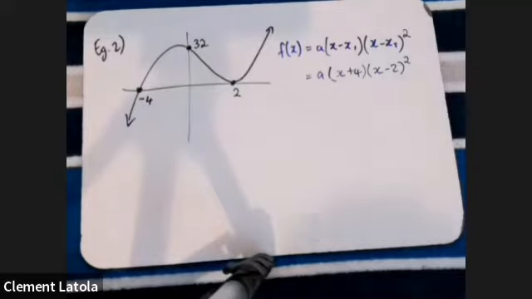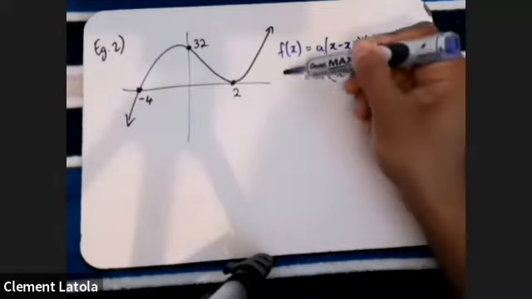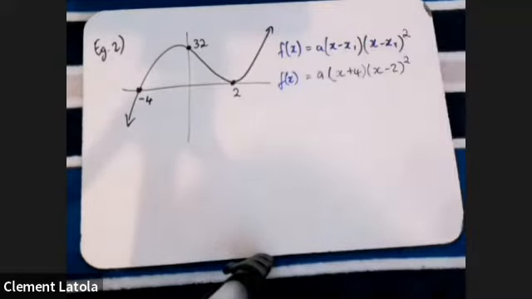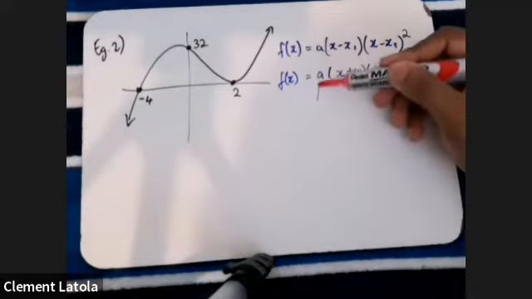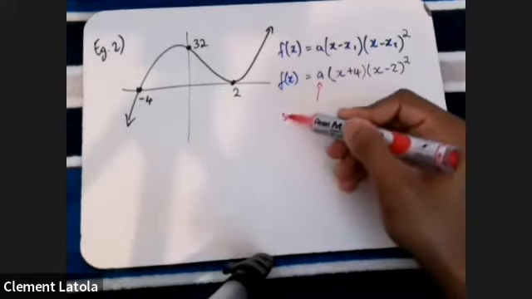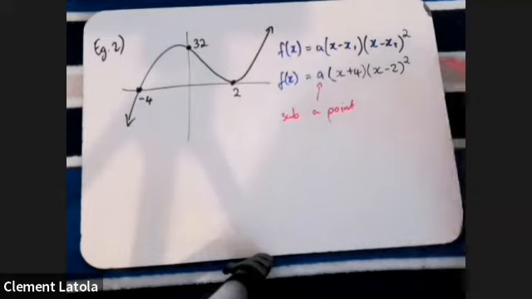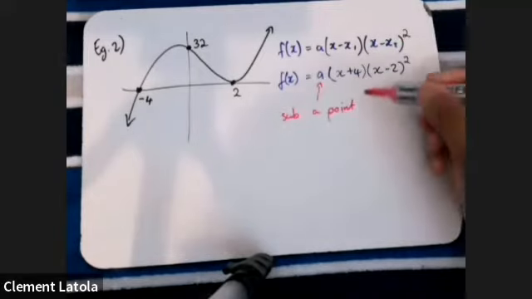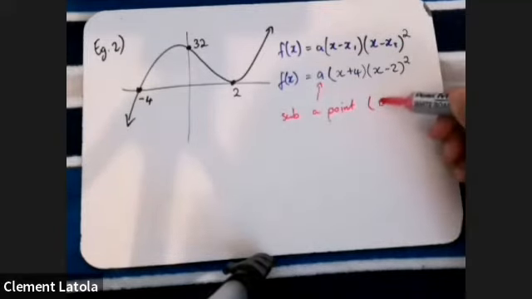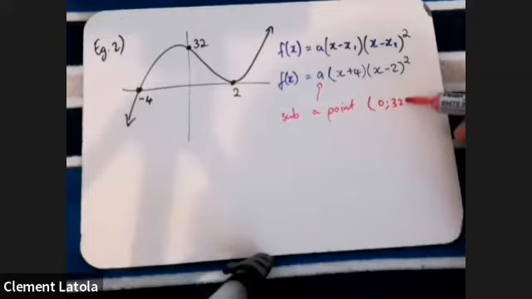We can now, I guess, multiply everything out. But actually, before we do that, let's first solve a. Okay, we don't know what a is equal to. So let's solve a by substituting a point. So for this, we're going to sub a point, and in this case, it's again the y-intercept. So we'll substitute 0 and 32.